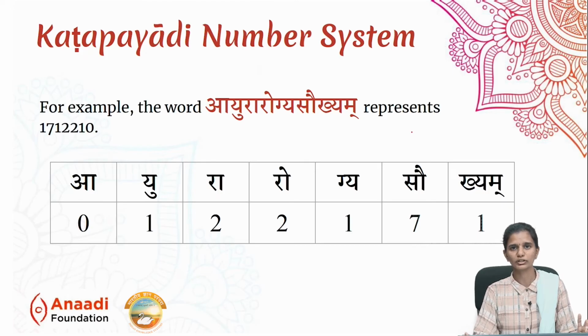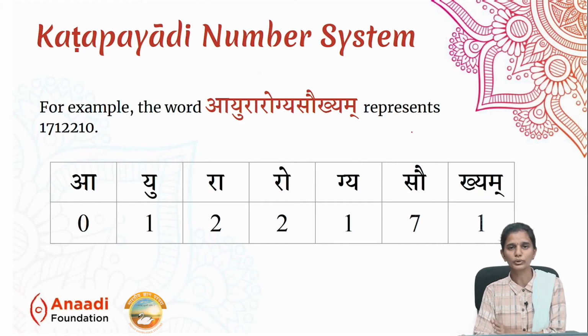The value for Sa is 7. Then we have Khyam, where it is made of Ik plus Ya plus Im. Here, both Ik and Im are consonants which have not combined with any vowel. So, we will ignore them. We give value only for the letter Ya. So, we have got 0, 1, 2, 2, 1, 7, 1.